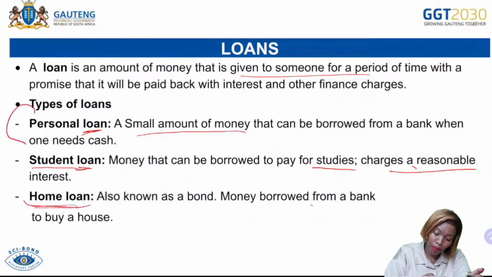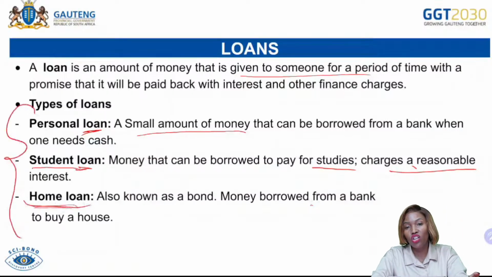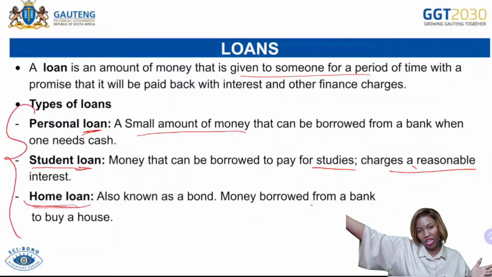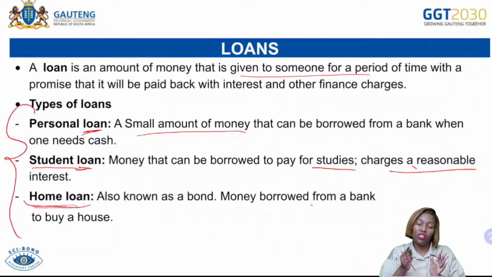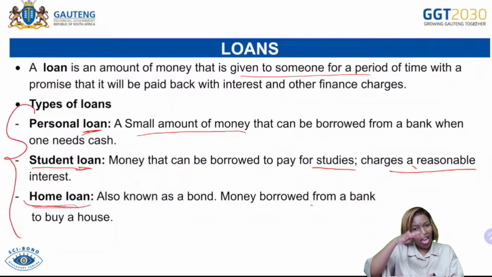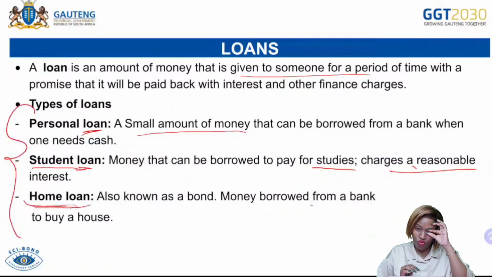And what you need to know about all the loans, including the car loans, is that the longer the period, if you extend the time that you want to pay the loan, your installment will be lesser, but the interest will be very, very high. If you choose a short period, your installment is going to be higher, but when you do the final calculations to check the interest, you will realize that your interest is actually way lesser.